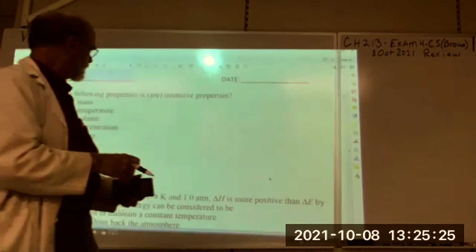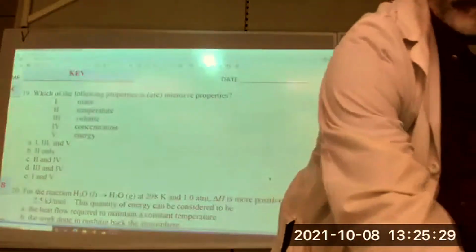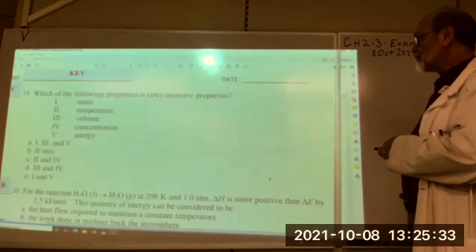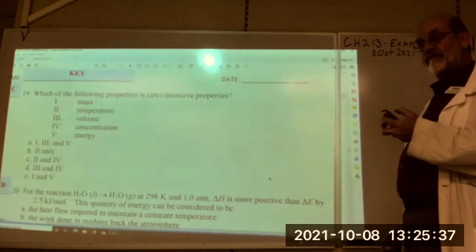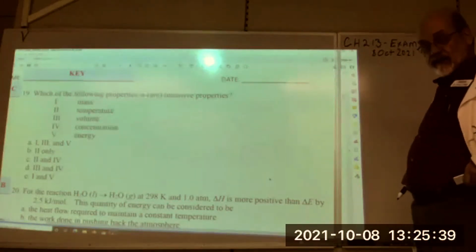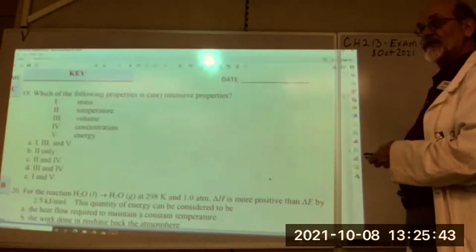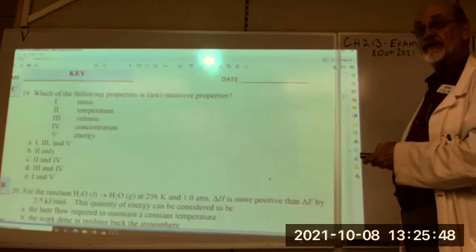Which of the following properties is or are intensive properties? Is mass an intensive property? When we describe mass of something, it changes with how much of that substance you have, doesn't it? So that's an extensive property, or capacity factor, I like to call it sometimes.